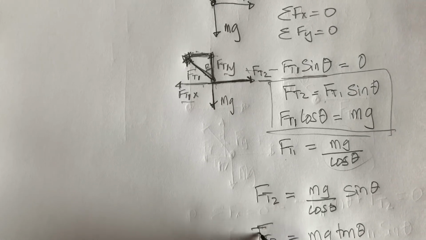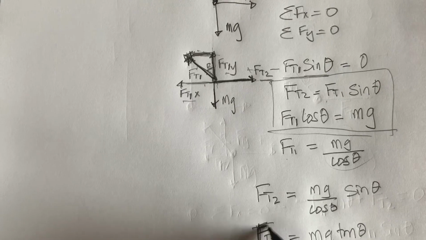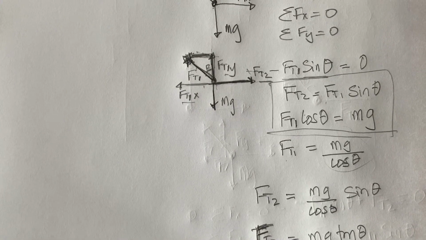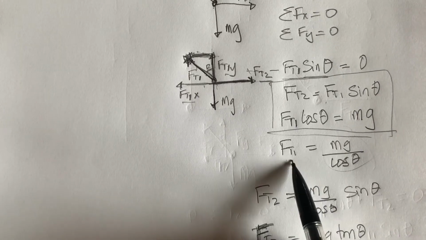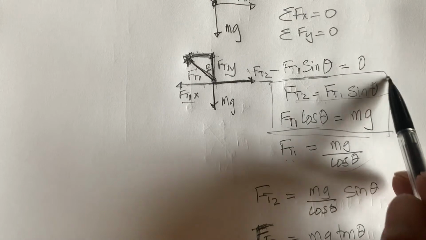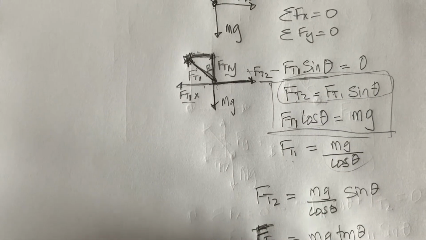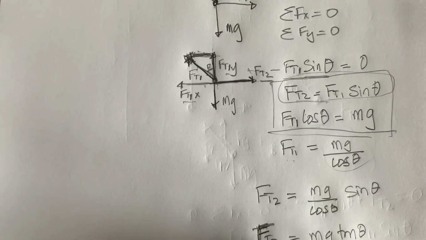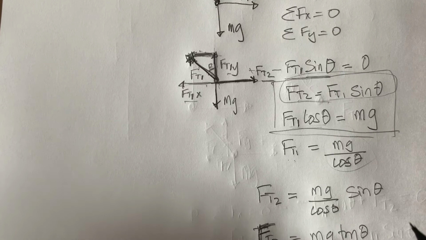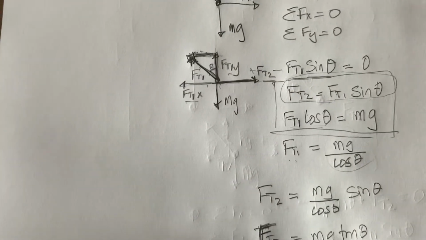Once I figure out FT2, then I can just plug it back in here to figure out FT1. So then FT1 would equal FT2 divided by sine of theta.